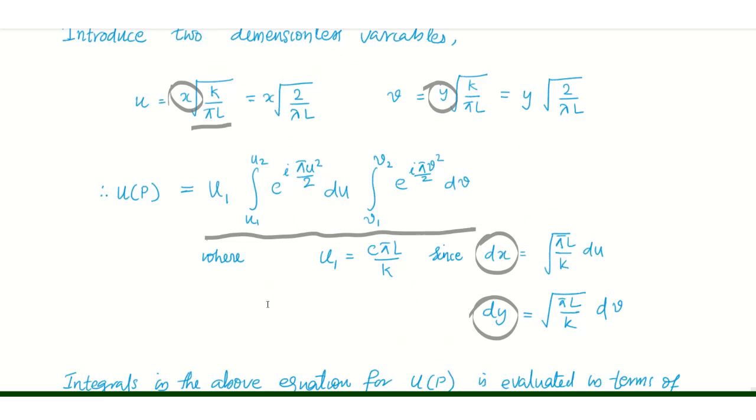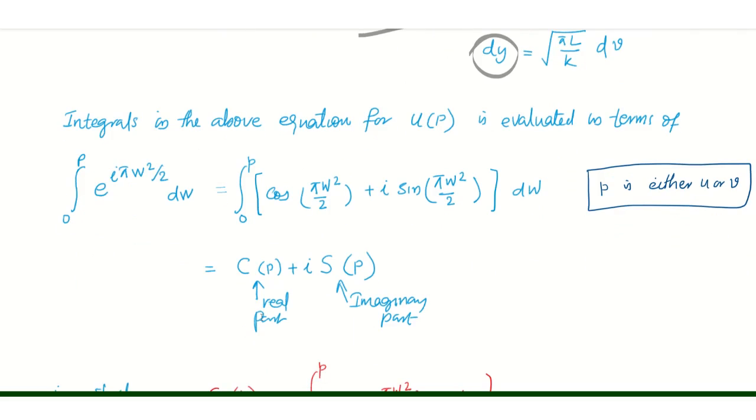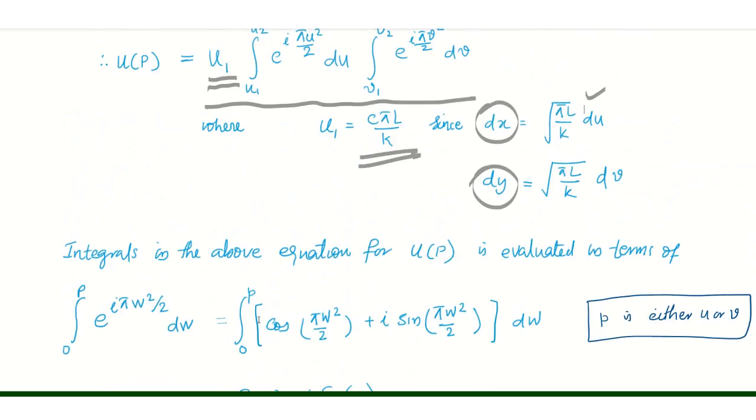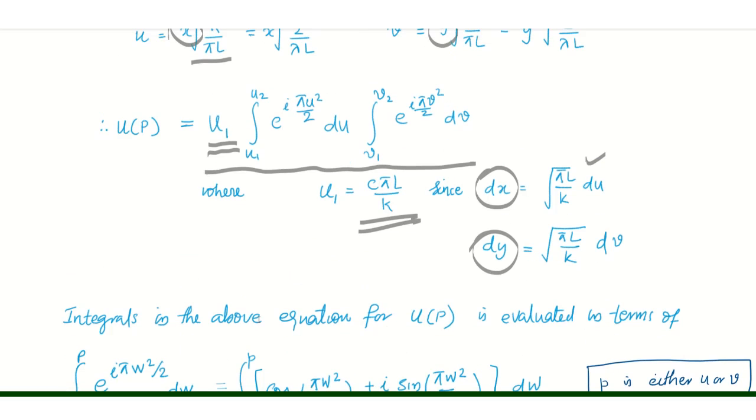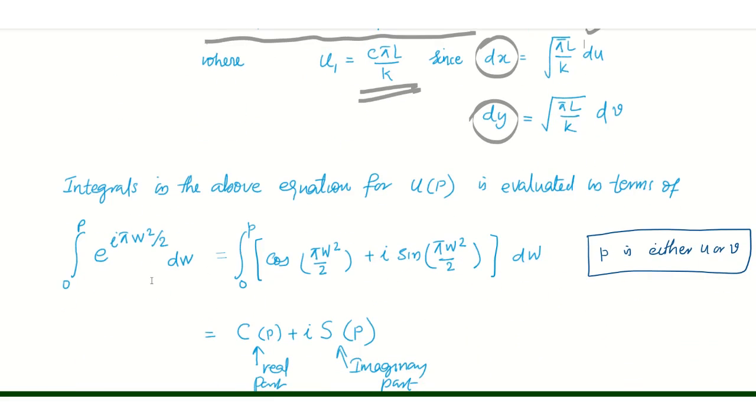You're getting into a standard format, and since instead of c we have given a new name for the constant, that is u1, which is c times pi l over k, comes from this one, and therefore integrals can be evaluated in terms of integrals.